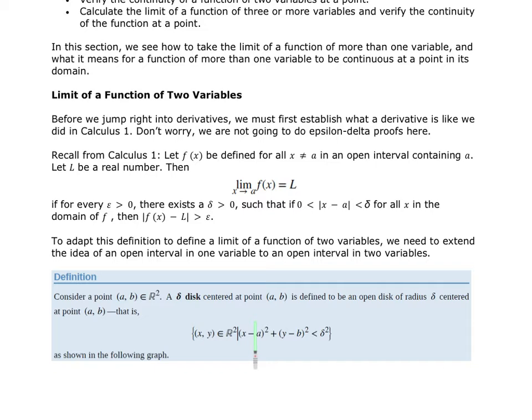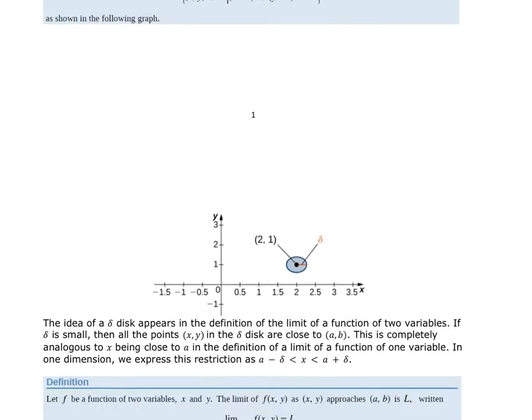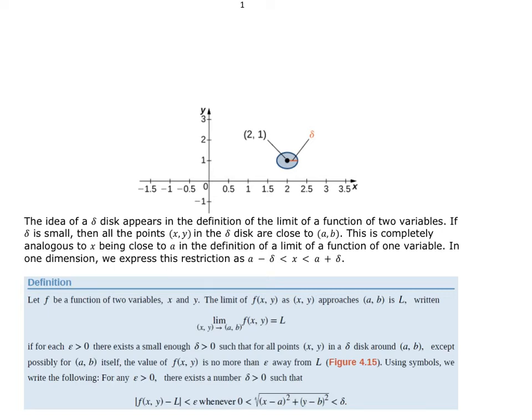And now we're looking at a disk, which is basically just a circle, and this disk has a radius of delta. It would look something like this, where here is the point that we're interested in, the value we're approaching, and the output, my epsilon, must be contained within this disk. So what does that mean for us?